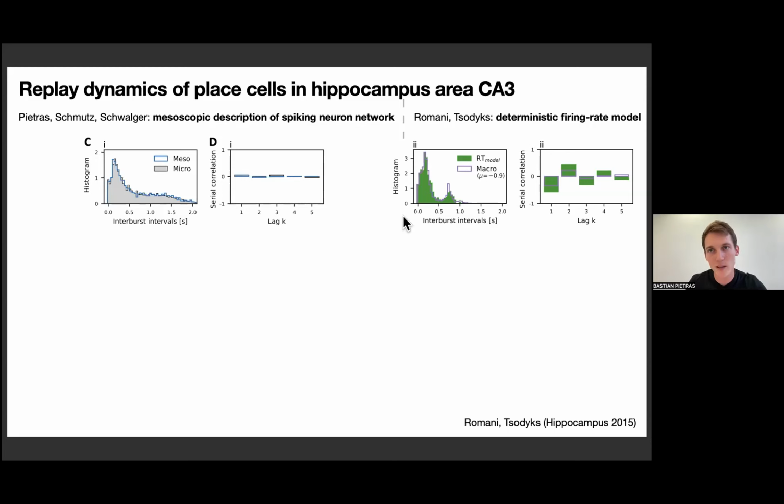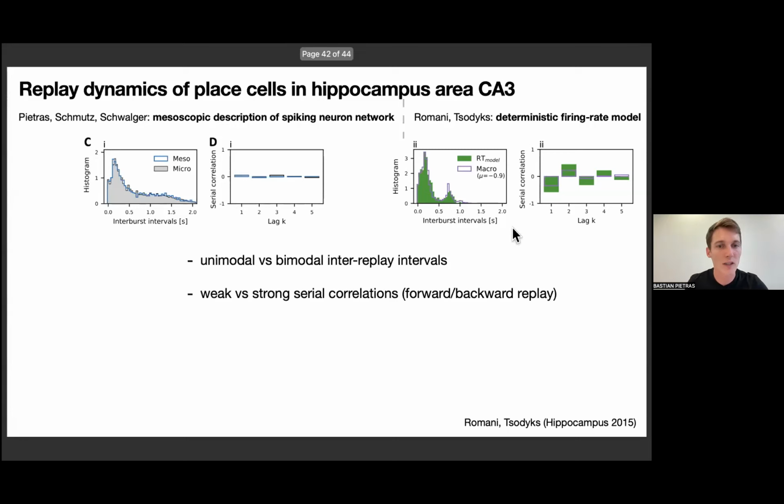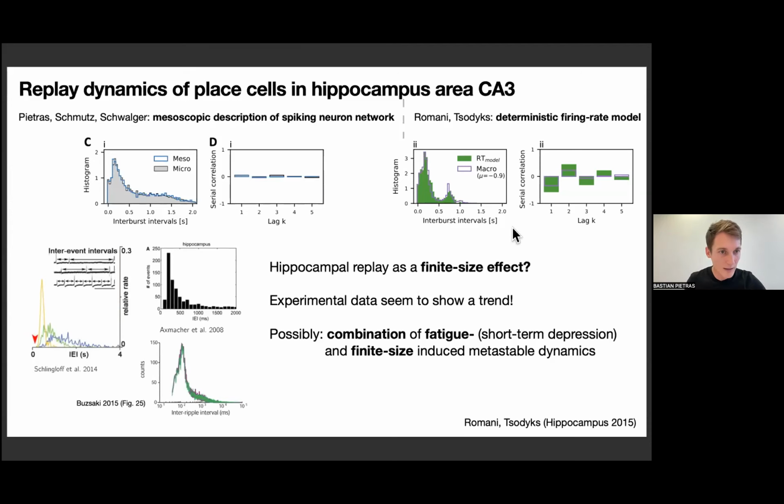Whereas in Romani and Tsodyks's deterministic model, you have a bimodal distribution of these interburst intervals and also strong serial correlations. Comparing that to experimental data, it looks like the experimental data really shows a trend toward a unimodal distribution, which supports our idea that it's a finite size effect. But it's also possible that a combination of fatigue mechanisms and finite size effects together form this metastable hippocampal dynamics.